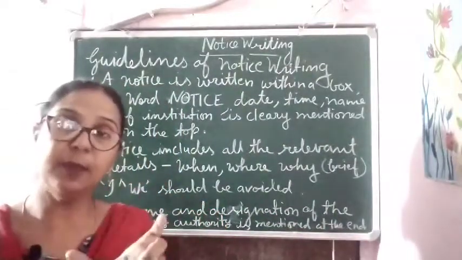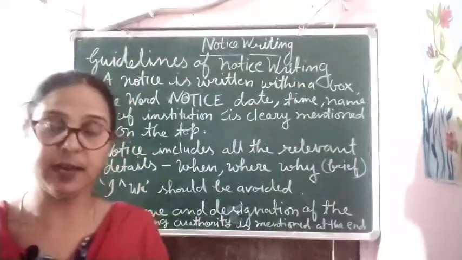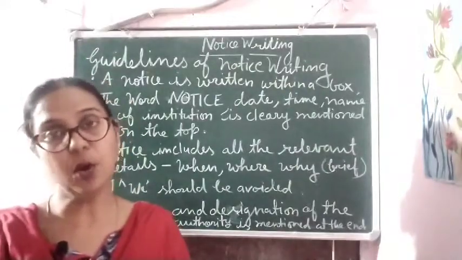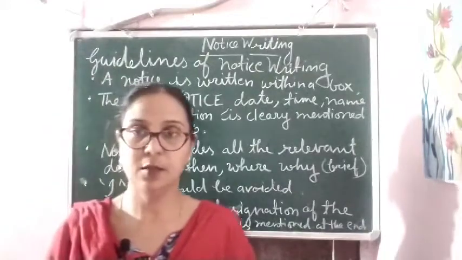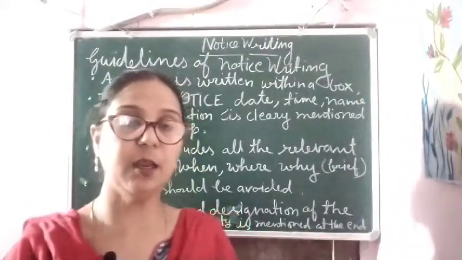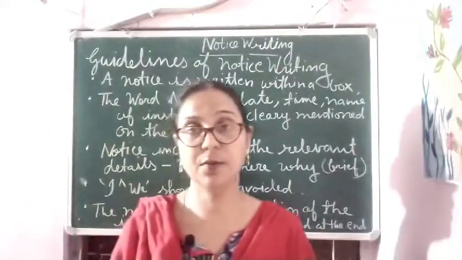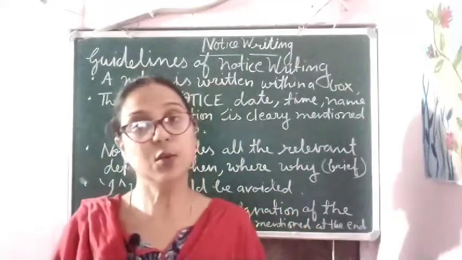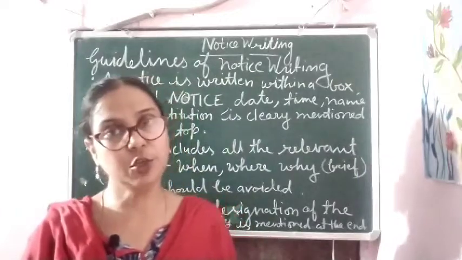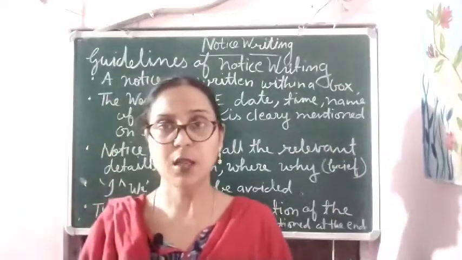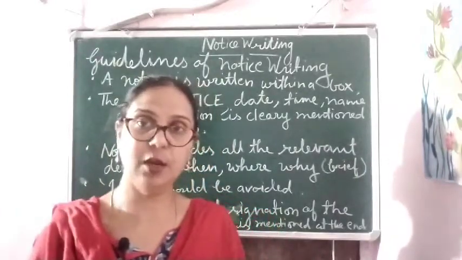That name and designation should be mentioned at the end. Always remember this, because these are the points we keep in mind. Otherwise we get confused, write something else, and marks will be deducted. This is a very short composition, so we have to be very particular about it.